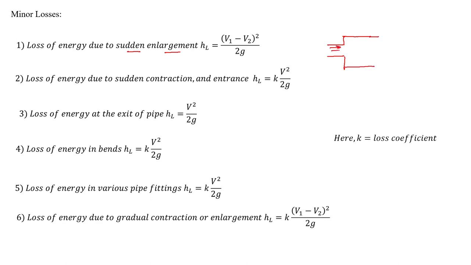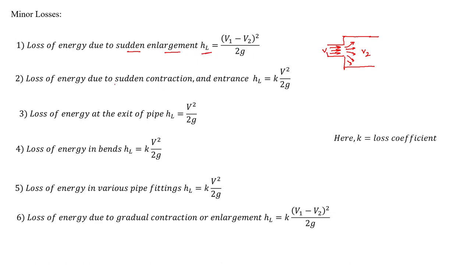Until this point, the water is coming with a higher velocity v1, and as soon as the diameter is increased, the flow experiences a decrease in velocity from v1 to v2. If we compute the difference in terms of head, it will come as (v1 minus v2) whole square by 2g, which is the loss of energy due to the enlargement.